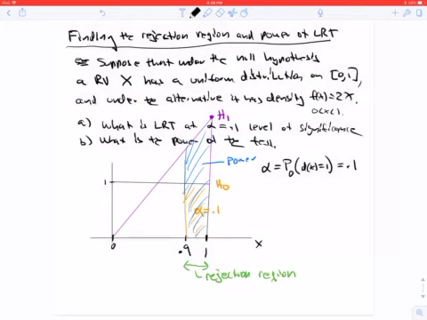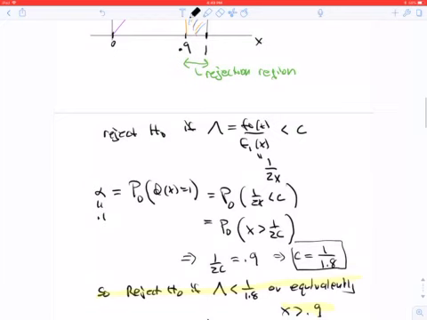So we're going to reject to the right, and under the null distribution, if alpha is 0.1, that would indicate that the area under the null is 0.1, and because the null distribution is just uniform, that would mean that the width of our rectangle here would have to be 0.1. So hence the cutoff is going to be x is 0.9. So the rejection region is 0.9 to 1.